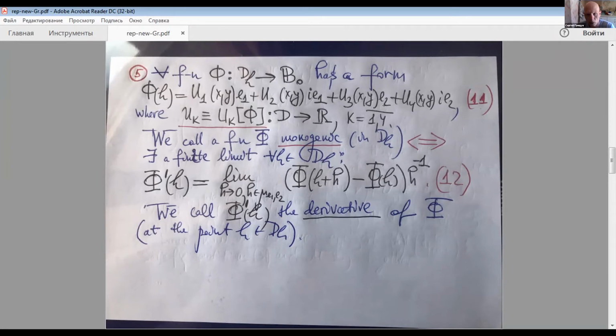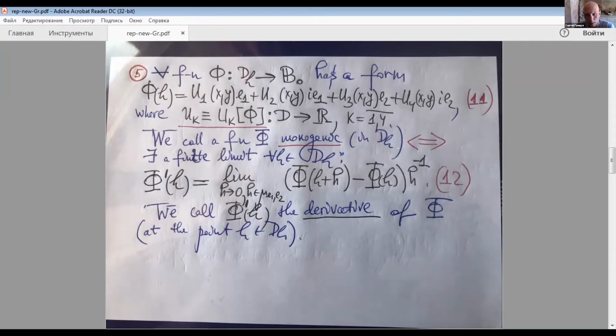This is due to the fact that each of these complex algebras is isomorphic to some fourth order real algebra. And we call a function f monogenic in the domain D zeta if at any point zeta from D zeta such limit exists.